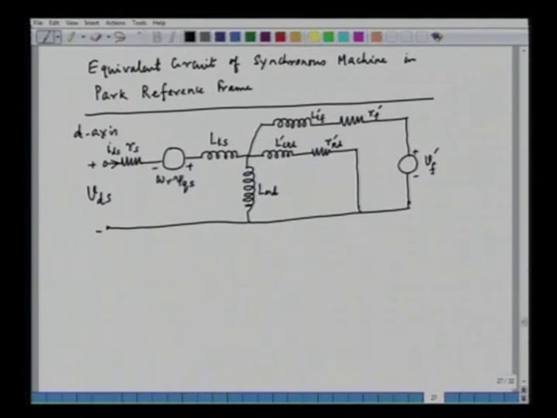In a similar fashion, we can draw the q axis equivalent circuit.